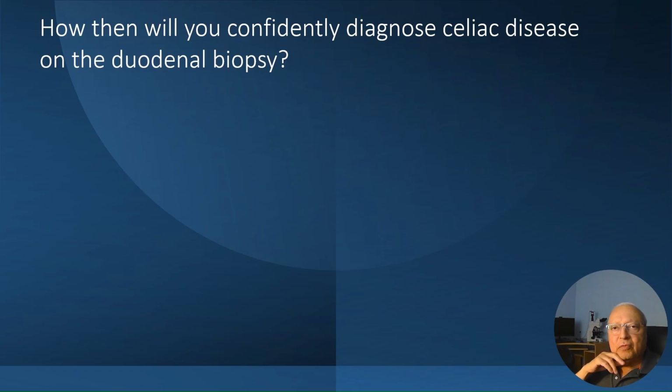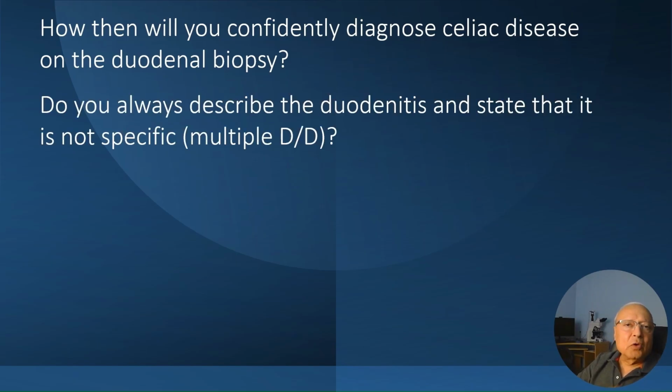So, with such variation in the extent of lymphocytic duodenitis that you can see in celiac, and the presence of so many other differential diagnoses, how will you then, as a pathologist, be confident about celiac disease in a given duodenal biopsy? Do you always, as a pathologist, describe the duodenitis and the extent of duodenitis and state that it is not specific and there are other differential diagnoses? That is a fair and factual statement.